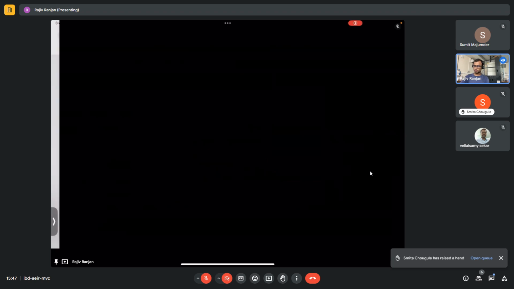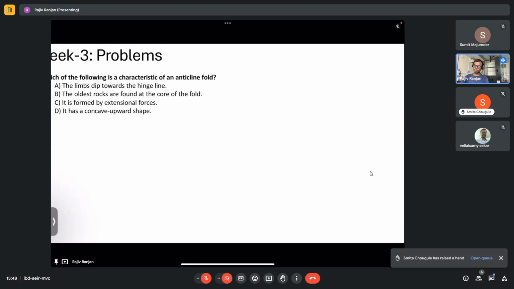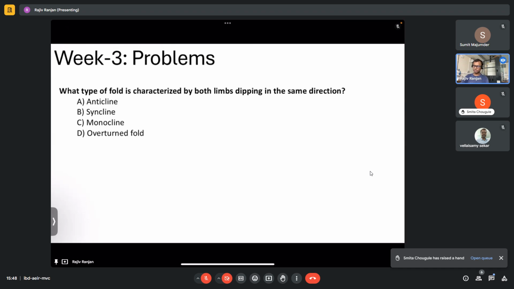Wait. Discard. Sorry. So now you have studied, you learned this. Okay, now try to solve this question. What type of fold is characterized by both limbs dipping in the same direction? Tell me. Anticline, syncline, monocline, or overturned fold?